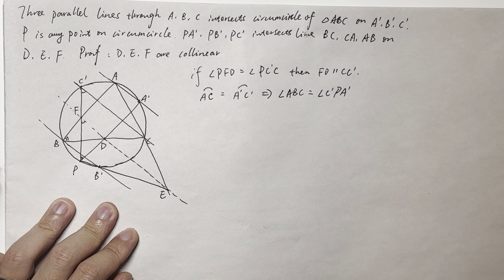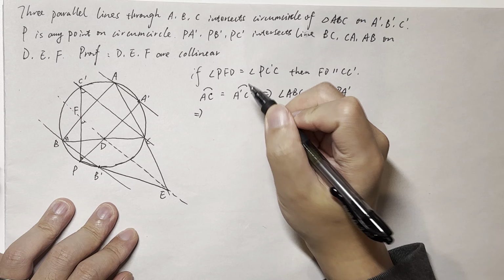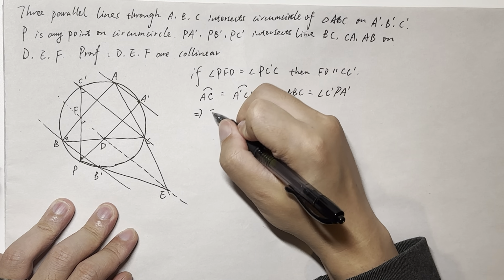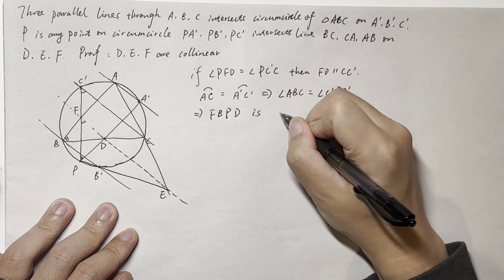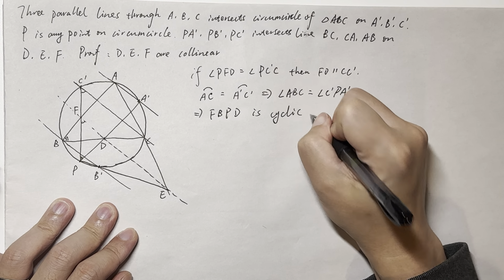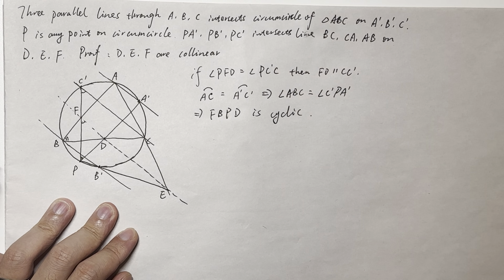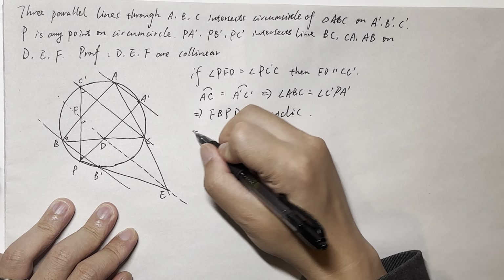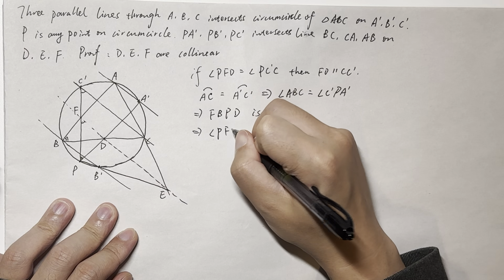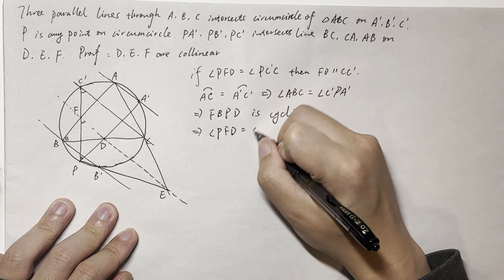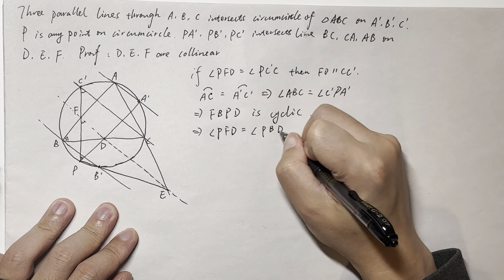Then we know that FBPD is cyclic. So we know that angle PFD equals angle PBD.